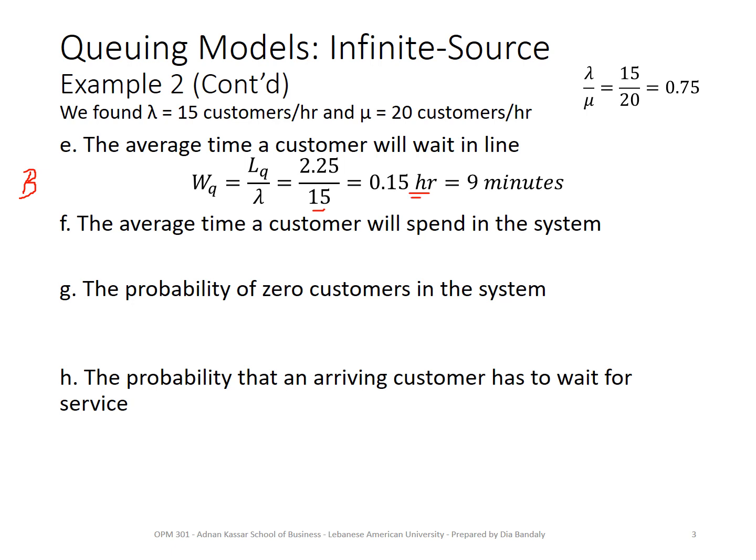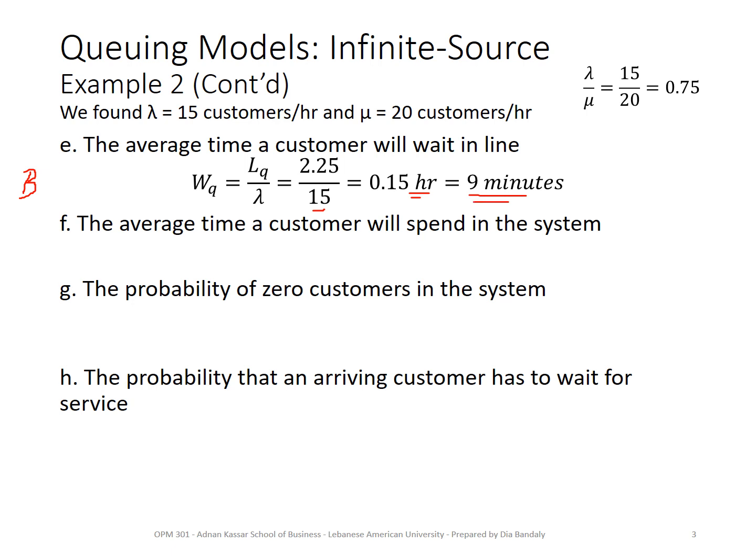I always like to convert that into minutes because it makes more sense to me, and I can interpret it more easily than 0.15 hour. Average time a customer will spend in the system: we know the time in the system is the time in the line plus the time of the service.